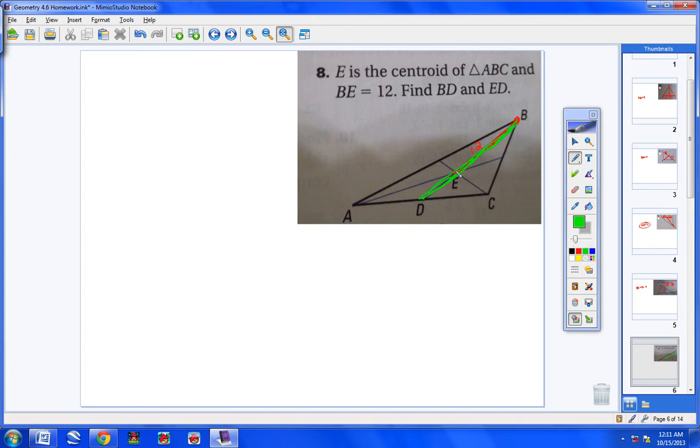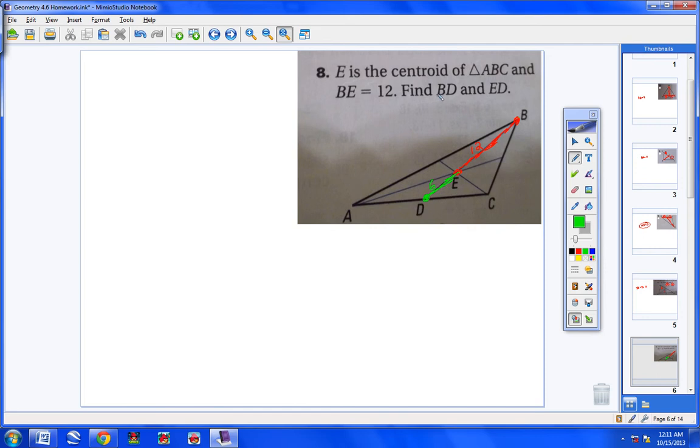There's the entire median. Well, look, from here to here is obviously the longer part of the median, and the longer part of the median is always twice as big as the shorter side. So if from B to E is 12, then from E to D it has to be 6. Okay? So the whole length of it is 18.